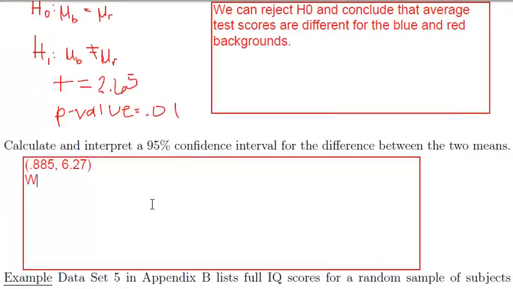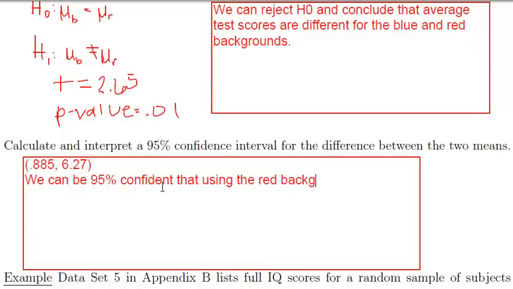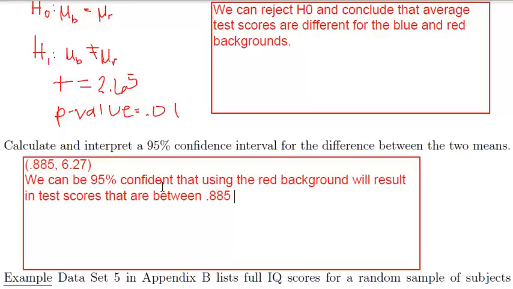And so I can say we can be 95% confident that using the red background will result in test scores that are between 0.885 and 6.27 points higher than the blue background.